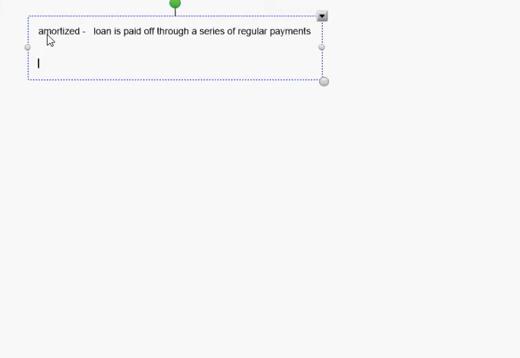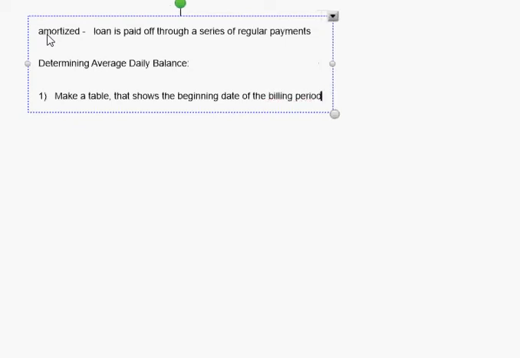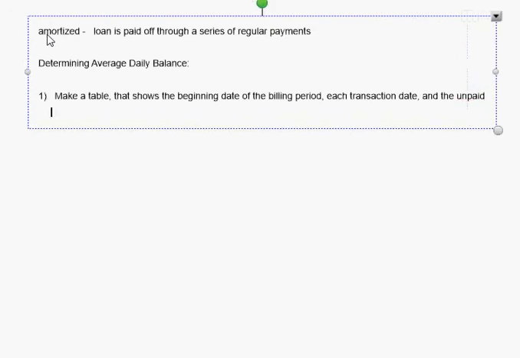Now, determining average daily balance. First, make a table that shows the beginning date of the billing period, each transaction date and the unpaid balance for each date.